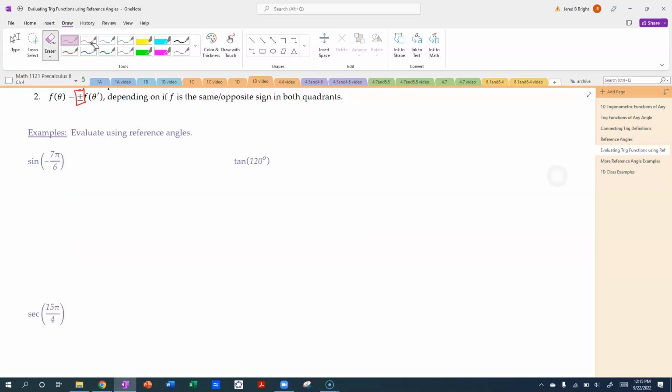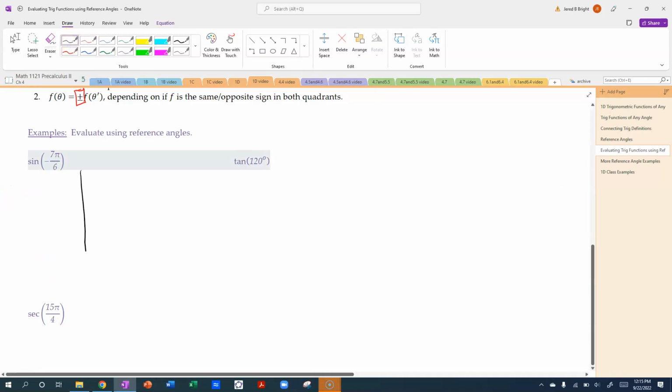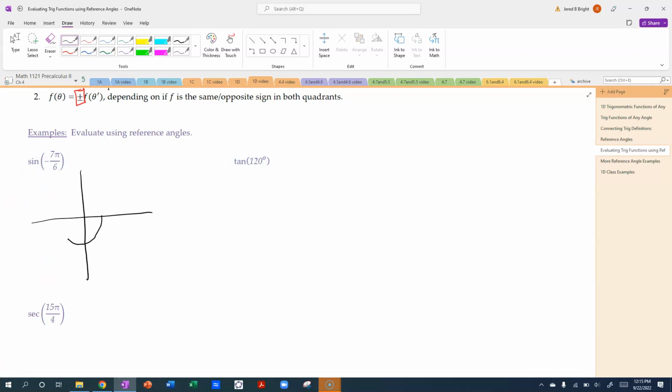I'm just going to do a little sketch. 7 pi over 6: here is pi, and then 7 pi over 6 would go a little bit further.